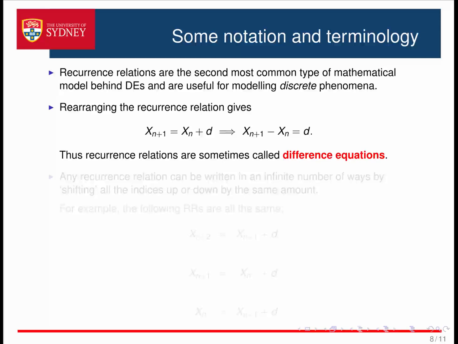In some courses, however, the terms recurrence relation and difference equation are used interchangeably. In this module, to make things a little simpler, we keep the equations in the first form and just use the term recurrence relation.